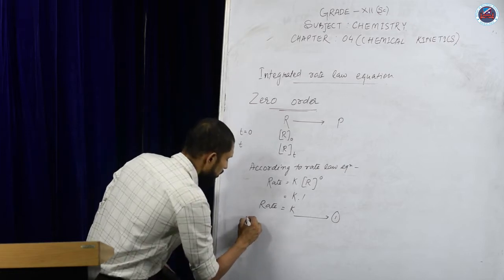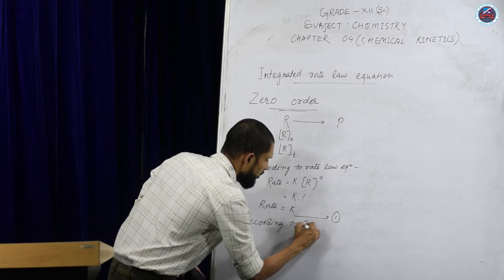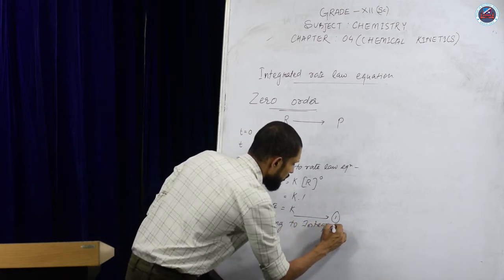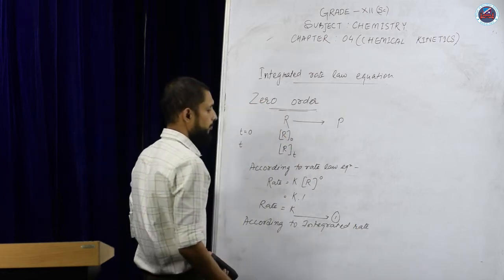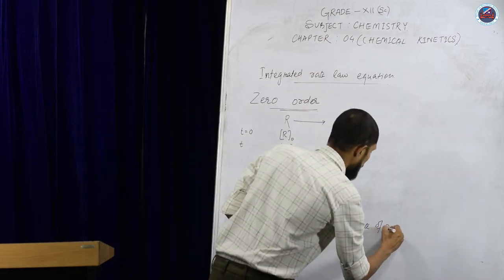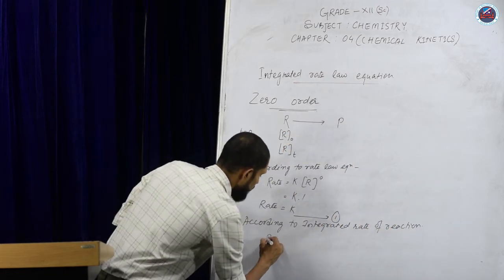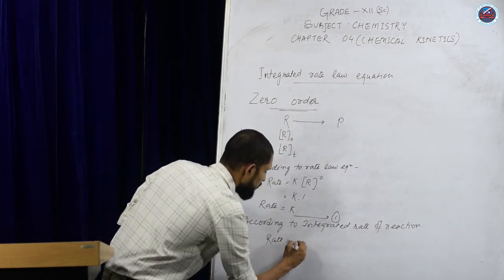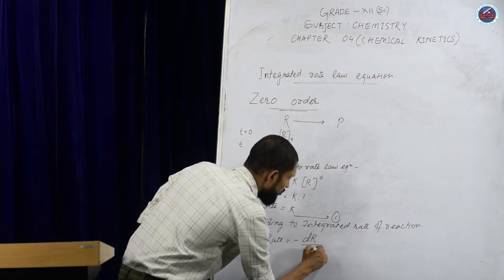Next, according to integrated rate of reaction, rate of a reaction is equal to minus dR by dt.